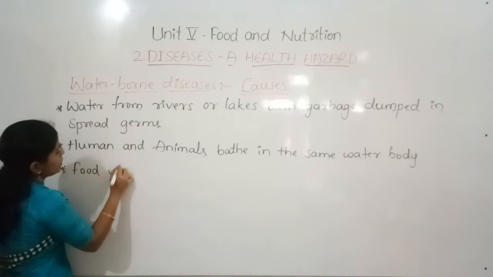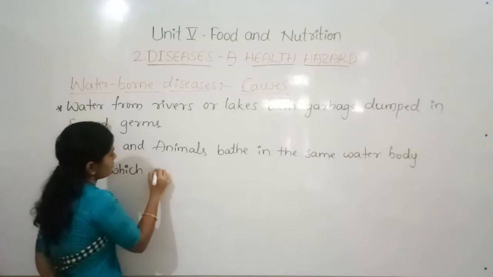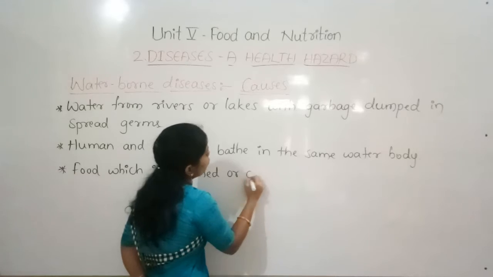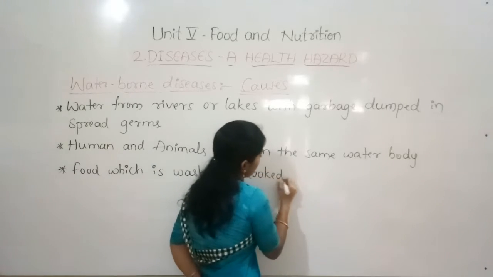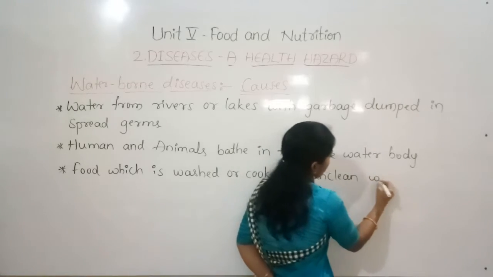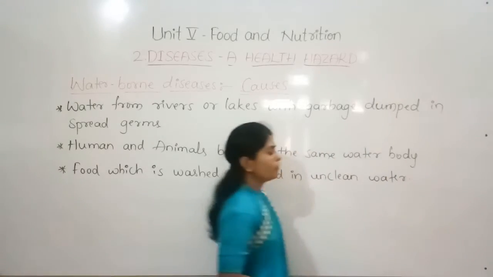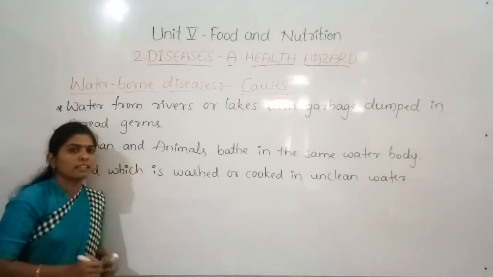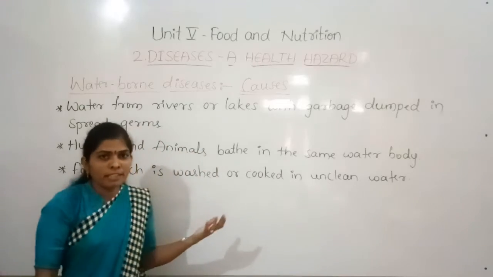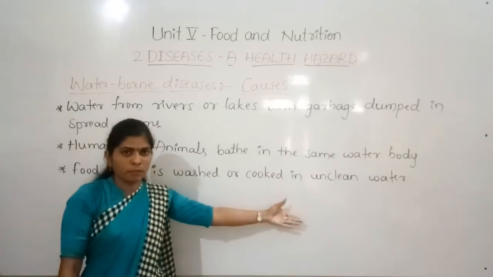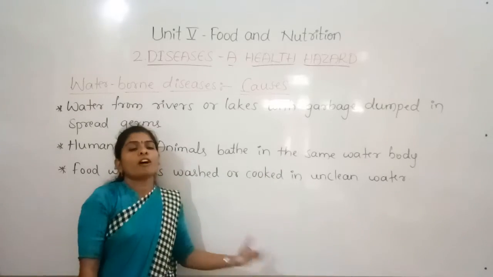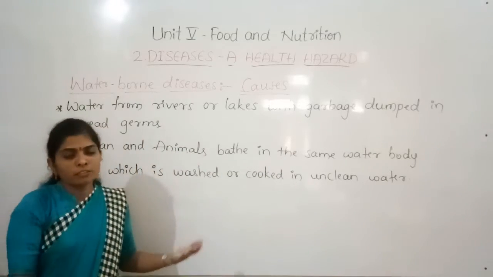Many times we wash the vegetables and fruits in contaminated or unclean water, or sometimes we may use unclean water for cooking. When we use unclean water for all these purposes, waterborne diseases may spread through this.